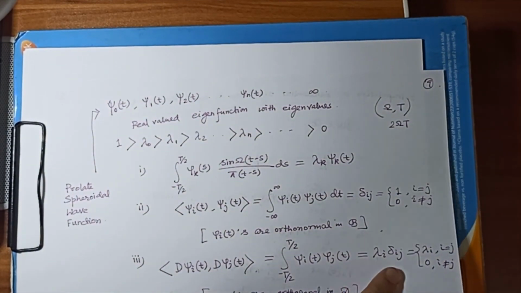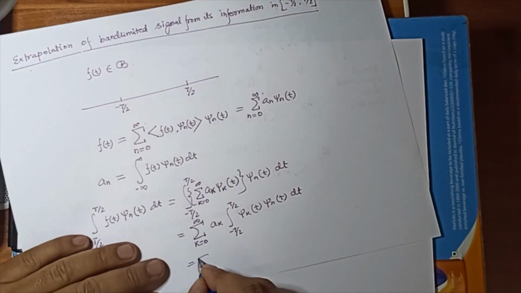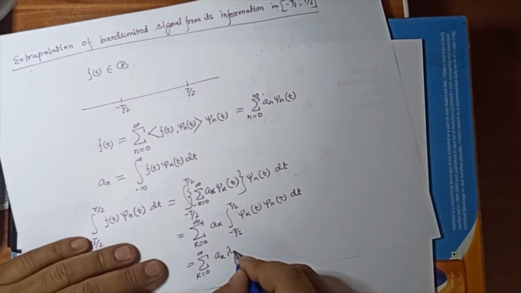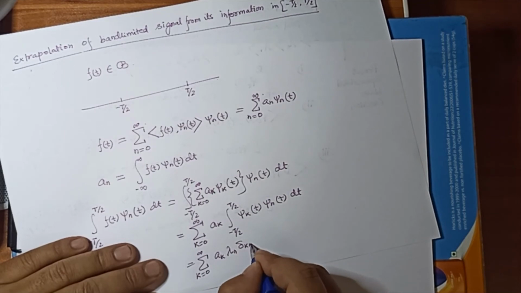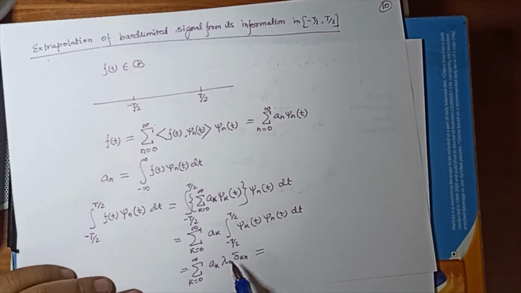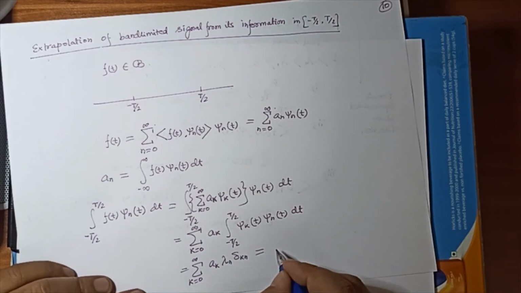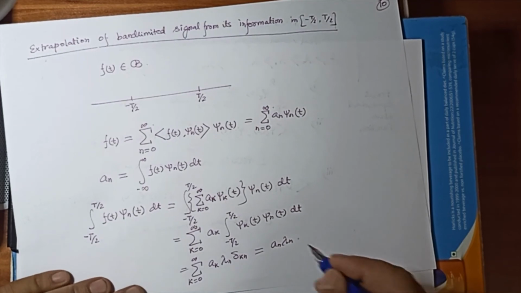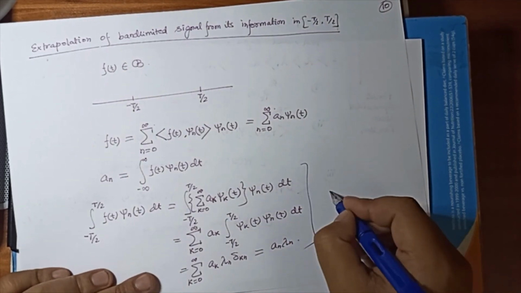It will be lambda delta. So it will be the summation of a_k lambda_n delta_kn. So for all the terms, only k equal to n remains. So it will be a_n lambda_n. So from here you can compute a_n in a simpler way.